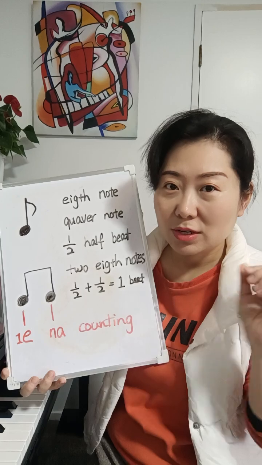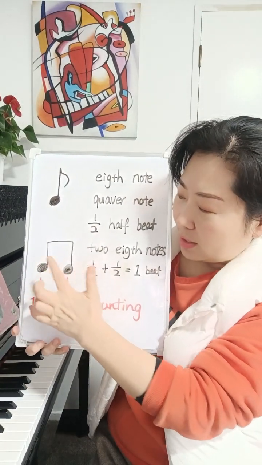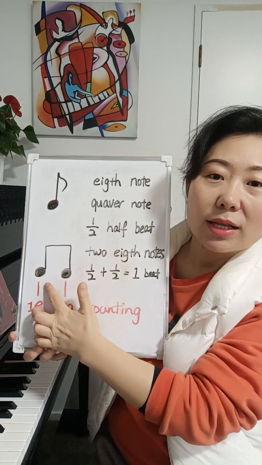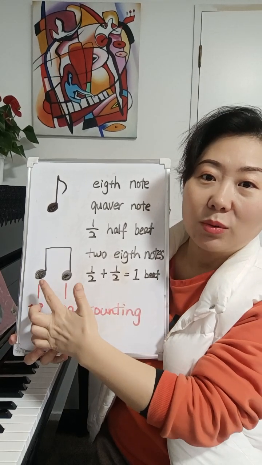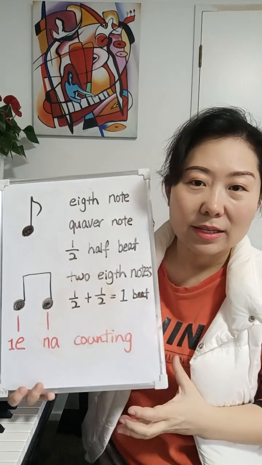So in one beat, you're going to play two notes. Now let's count again. 1 E N A, 1 E N A, 1 E N A, 1 E N A.